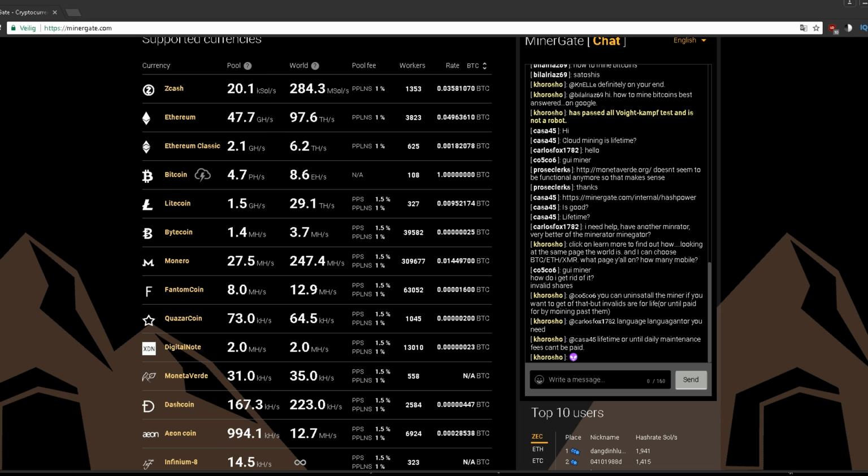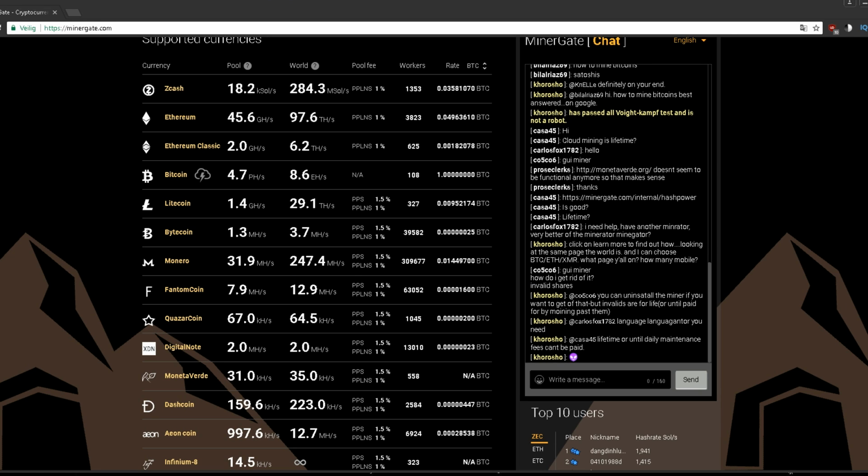These are the Minergate pool hash rates. So this is what Minergate is churning out. As you can see here, Monero is about 30 megahashes, and the entire world does 250 megahashes.